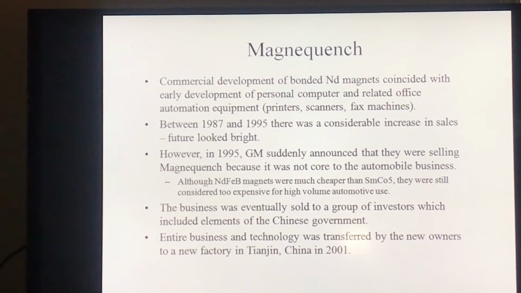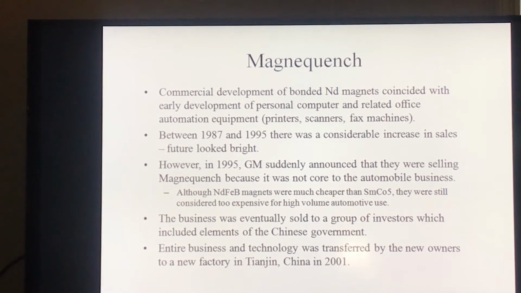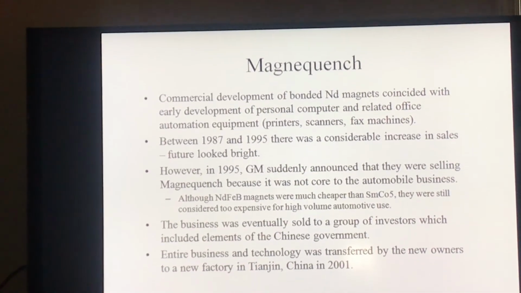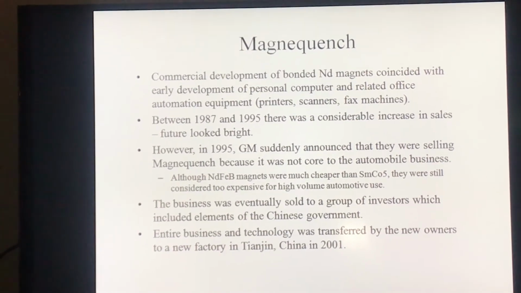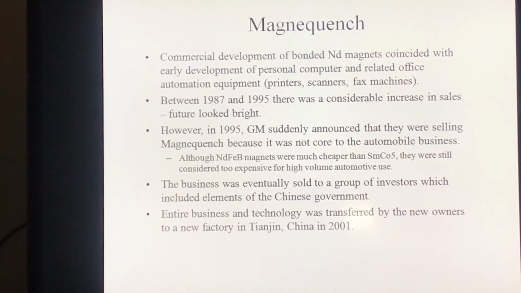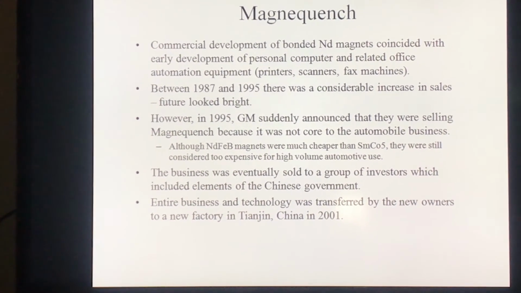But then suddenly in 1995, GM announced that they were selling Magnequench because it was not core to the automotive business. And I might point out that although neodymium iron boron magnets were much cheaper than samarium cobalt 5, they were still considered too expensive for high volume automotive use. So at that time, they didn't think they could use them a lot on automobiles.